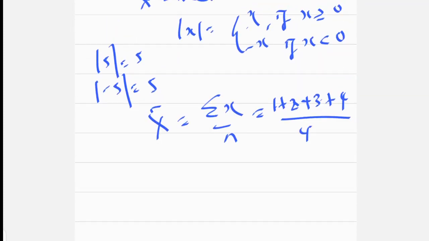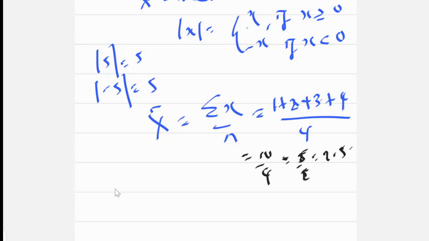If you simplify further, 1 plus 2 is 3, plus 3 is 6, plus 4 is 10. So I have 10 divided by 4, which is 5 over 2, and 5 over 2 is 2.5.